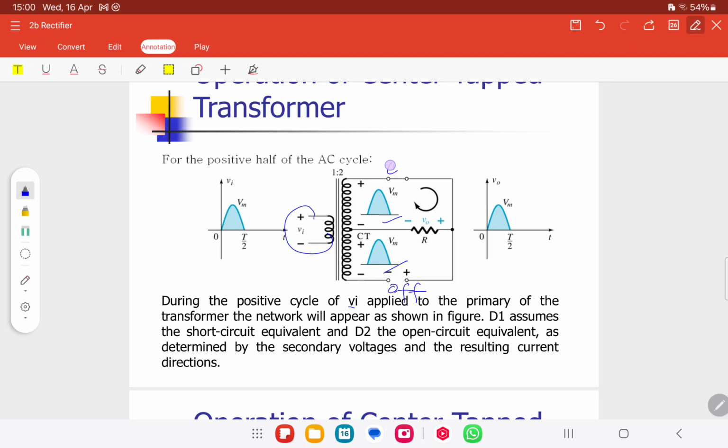This is on, the upper one first. So the current will flow here and we get this, the first cycle. For this one, current cannot flow here. There is no current flow because it is an open circuit.